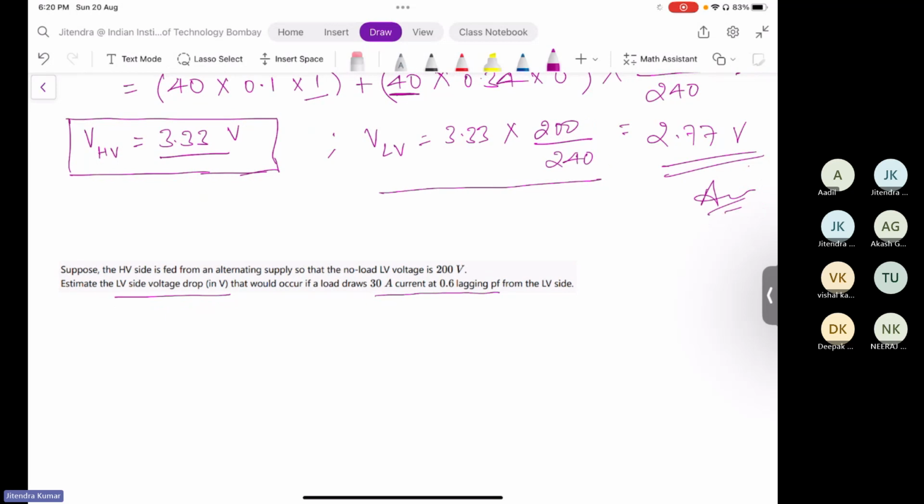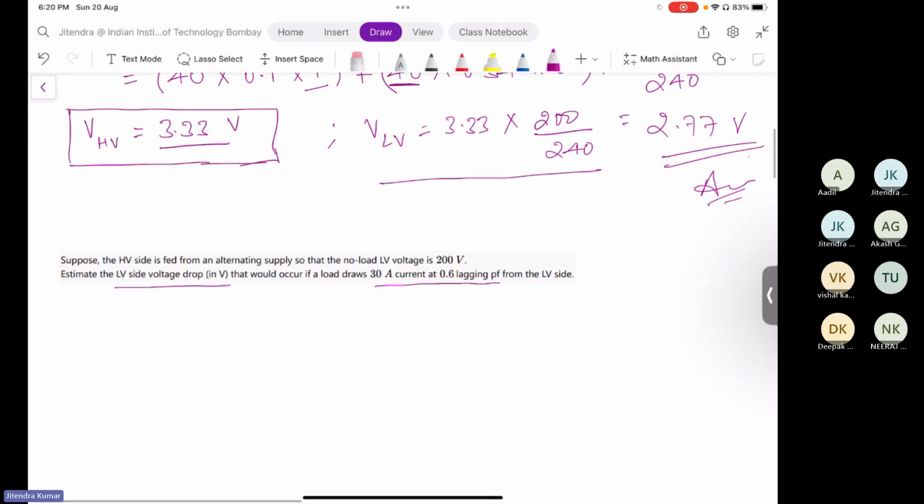And tell me the answer. It is just a one line solution.